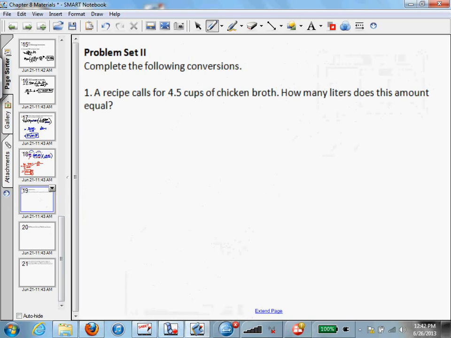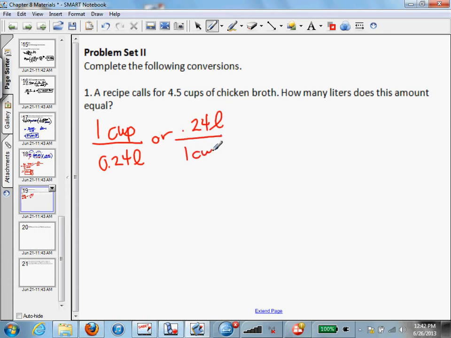Complete the following conversions. So you have a recipe that's calling for cups of chicken broth. How many liters does this amount equal? So you need to remember that 1 cup contains 0.24 liters, or that 0.24 liters contain 1 cup.